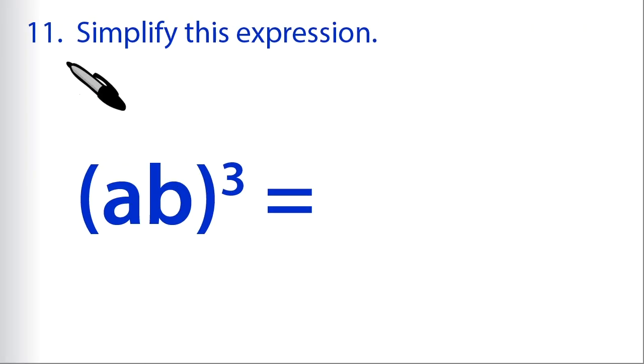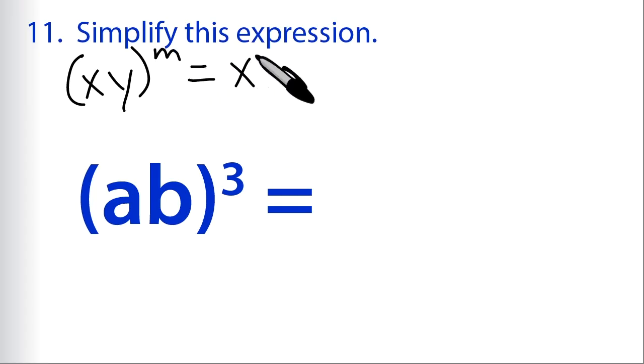For problem 11, we're told to simplify this expression, and we're given ab inside parentheses cubed. And so we have a law that tells us what we can do when we have 2 numbers being multiplied together, and that quantity is being raised to a power. And that law is xy in parentheses to the m equals x to the m times y to the m.